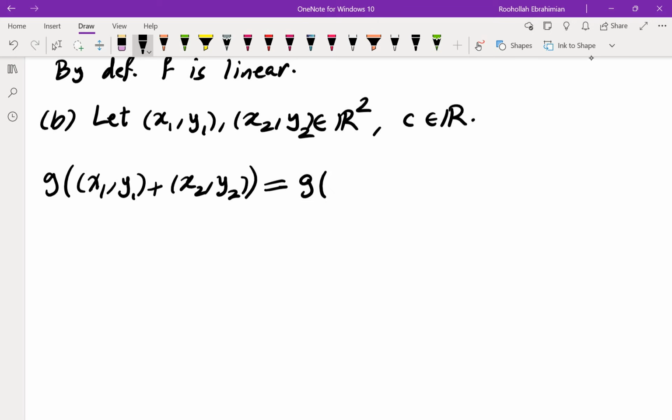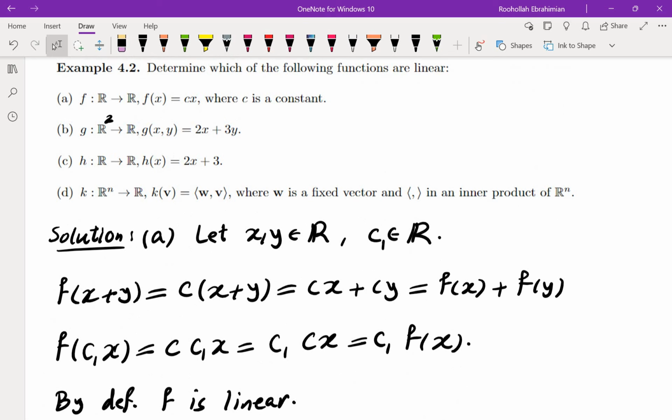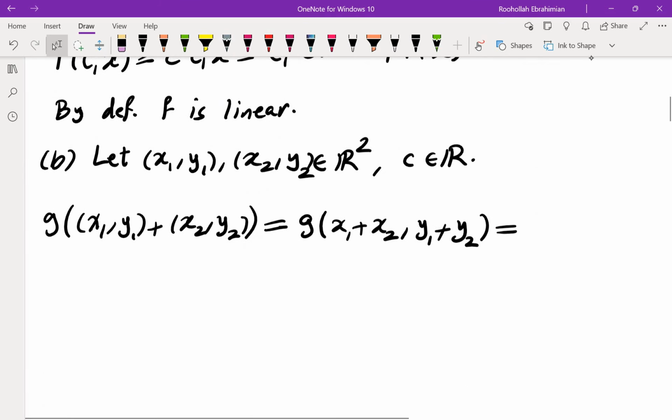Okay, so this is equal to g of, by addition of two vectors, x1 plus x2 comma y1 plus y2. This is how we add vectors in R2. Now by definition of g, this is twice the first component plus 3 times the second component.